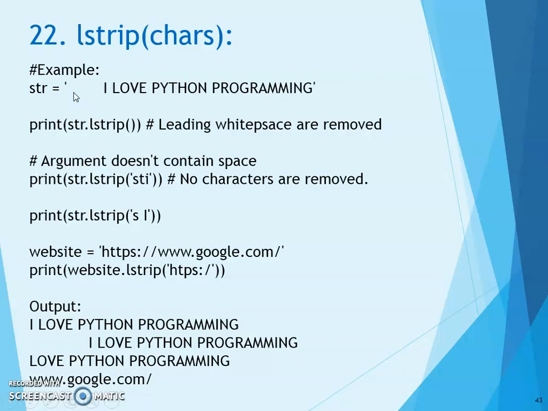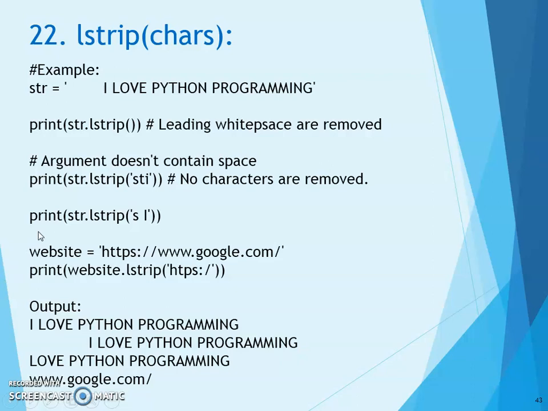On the left hand side, these characters are not present, and in this parameter list no space is specified. So no characters or spaces are removed and it will print the string as it is. Output will be spaces and then the complete string.